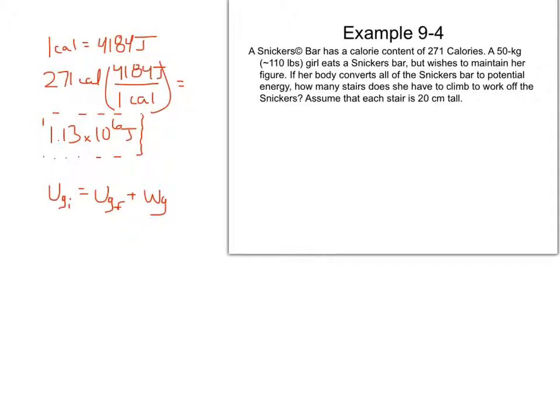All right, well, if we've got a girl climbing a set of stairs, and I'll draw her over here. All right, so here's our stairs. And the question is, how many stairs does she need to climb? And we'll get to that in just a second. I'll draw her down at the bottom here. There's our girl. And here she's at the top right here. Don't know how high up she climbed.